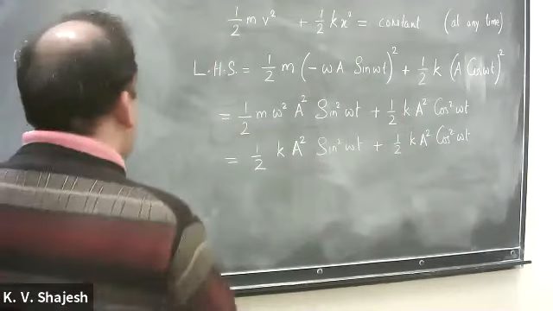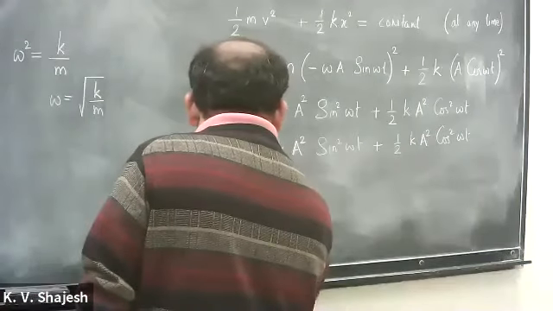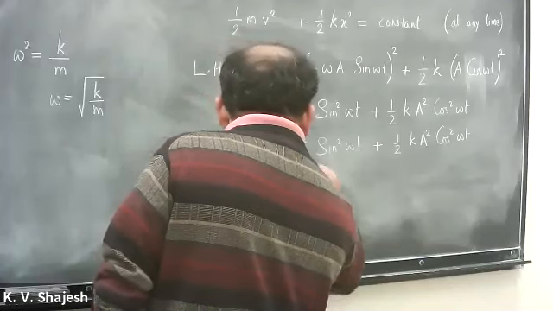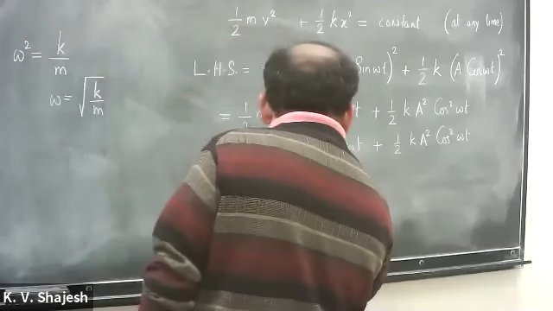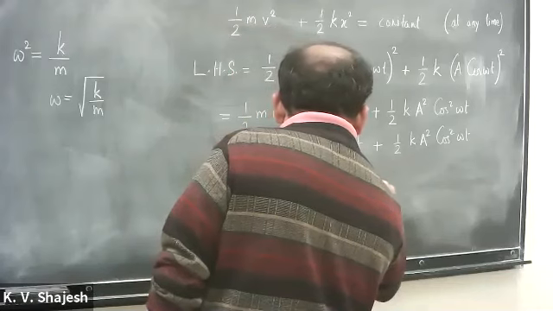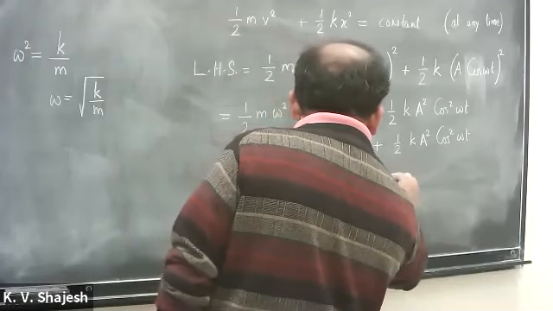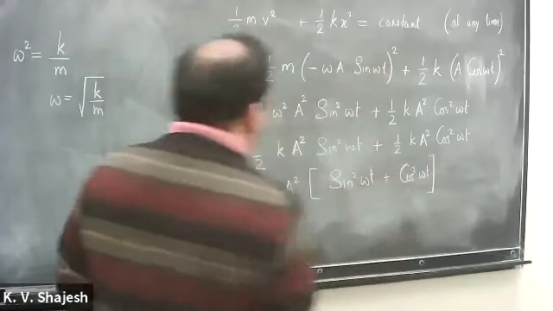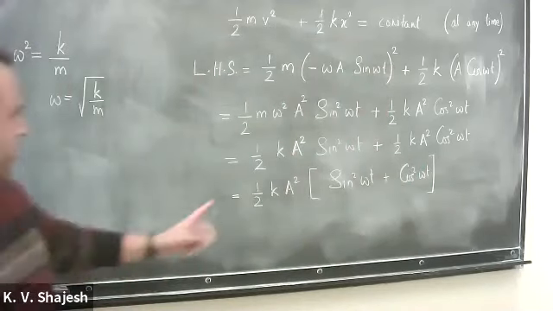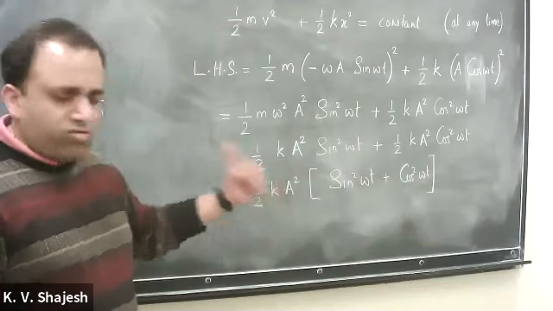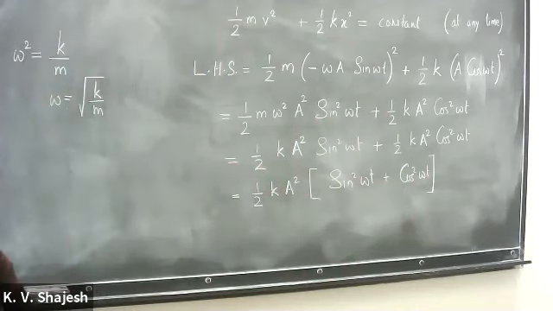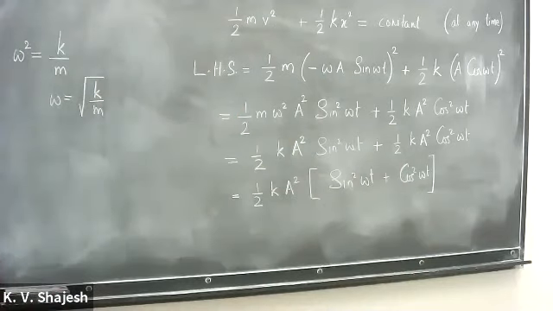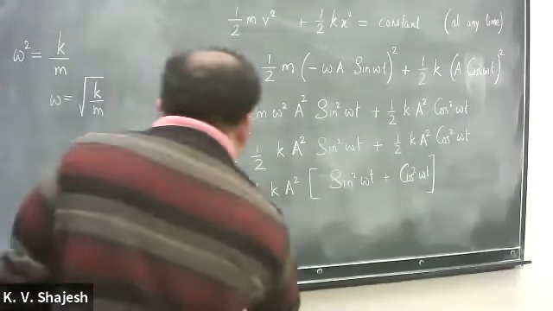But there is an identity in trigonometry. One of the simplest identities is that sine squared of an angle plus cosine squared of an angle is always 1. If I factor out half k A squared, what is left is sine squared plus cosine squared, which is exactly equal to 1.